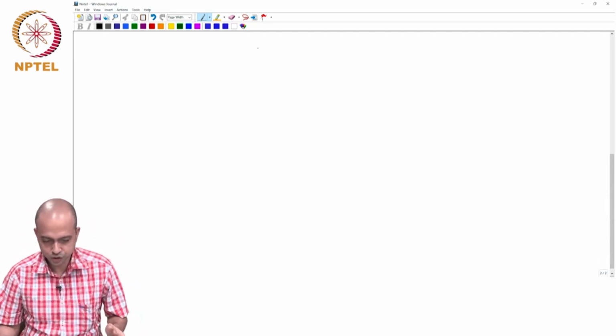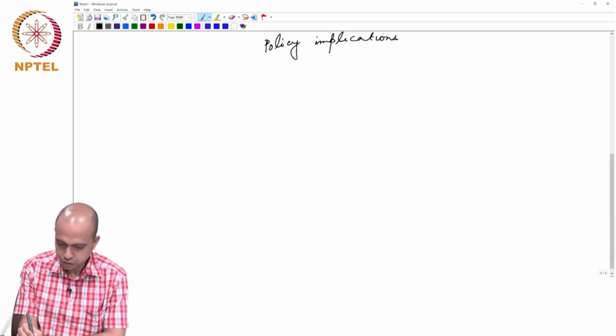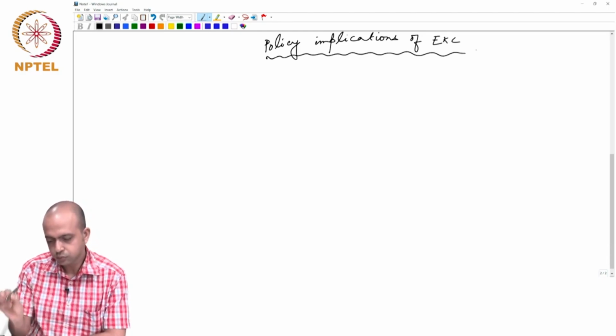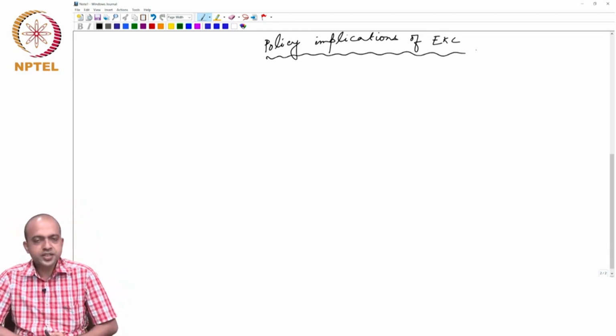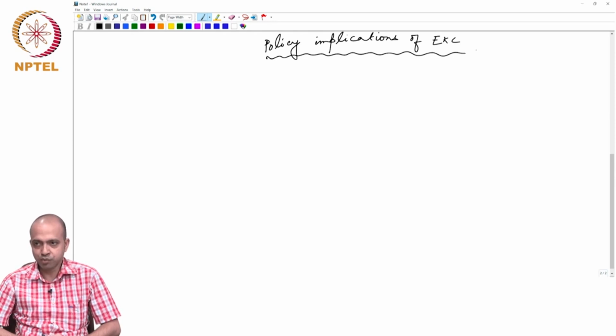Now, the environmental Kuznets curve paradigm is becoming more and more important in mainstream policy making, particularly in the developmental policy paradigm.